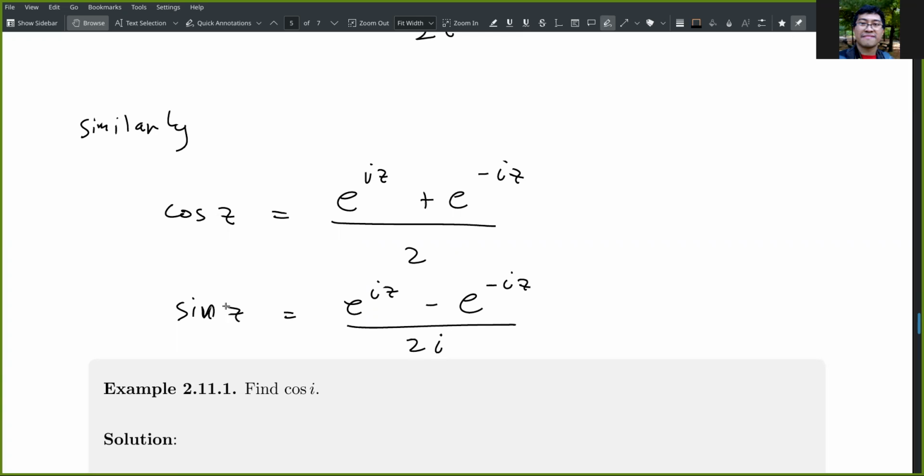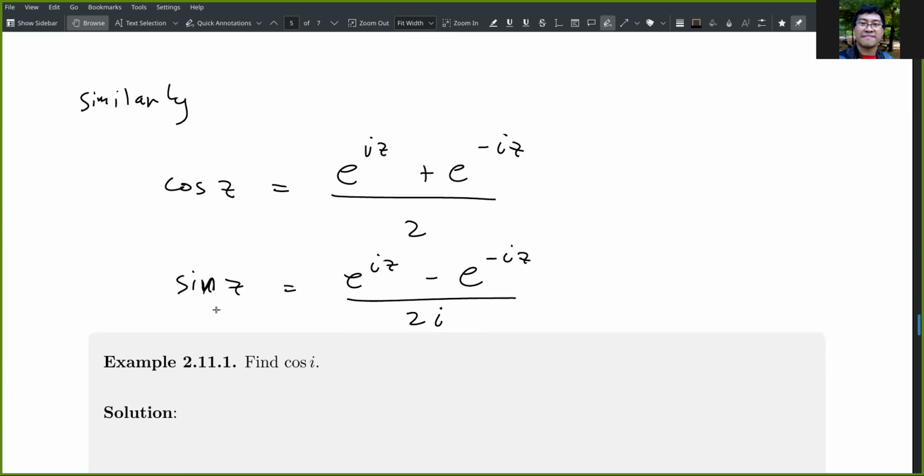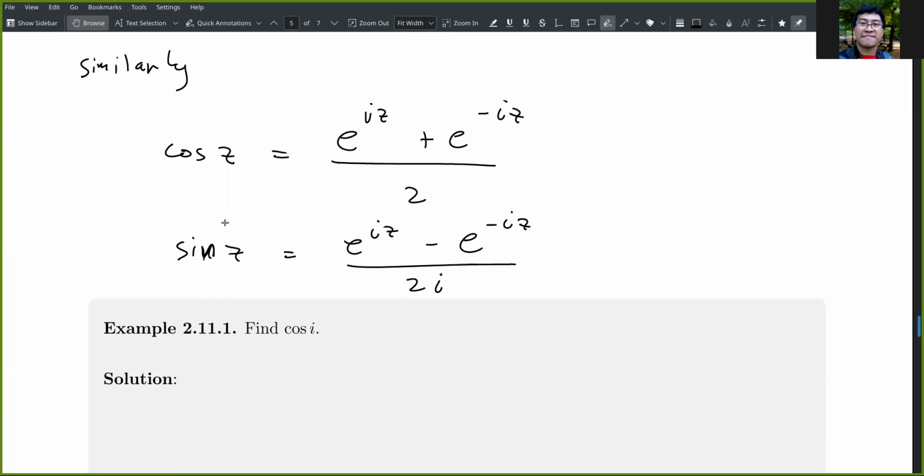Okay, this is sine. So we have these two equations.